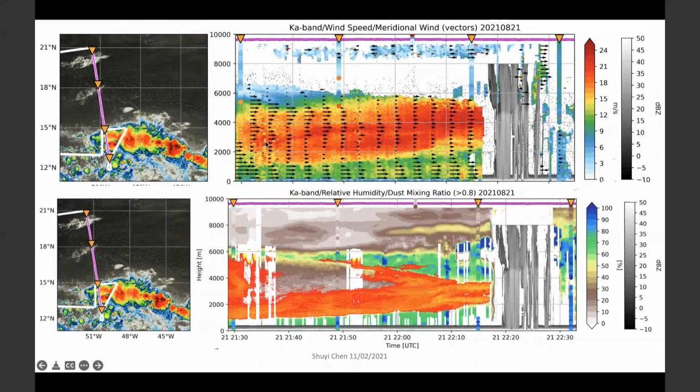As I said, CPEX-AW has this unique capability to sample environment and convection at the same time, with wind, that is dynamics, and aerosols and the clouds all together using aircraft. So the top panel is the wind curtain plot from our downward instruments, also wind from dropsondes, and the APR-3 reflectivity is plotted in grayscale here.